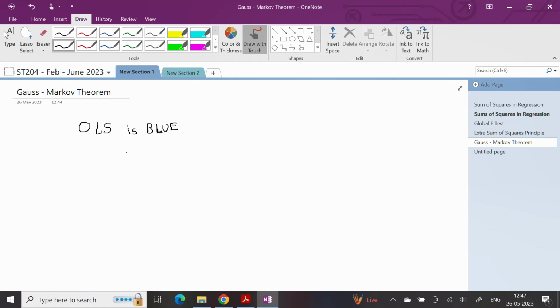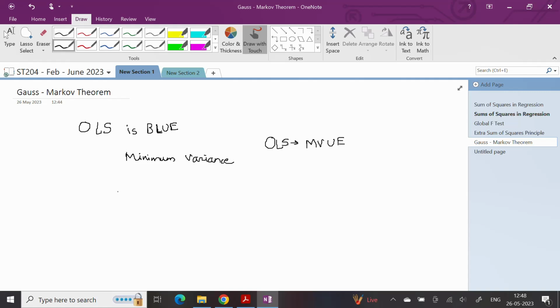In what sense is an estimator best? When we say best, it means that they have minimum variance. Minimum variance and unbiased. So basically, we are trying to prove that OLS are minimum variance unbiased estimator. This is the statement of Gauss Markov theorem.